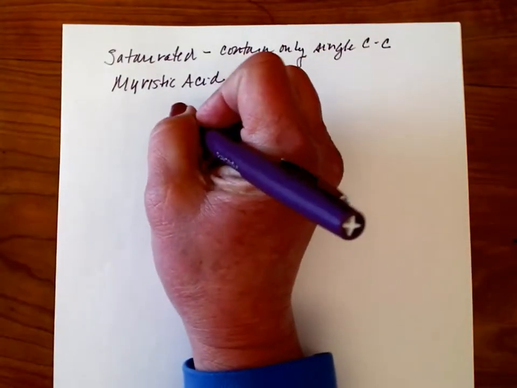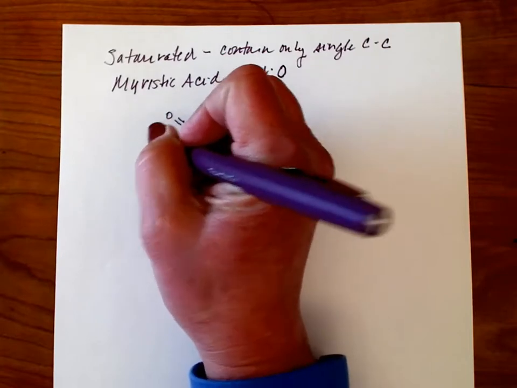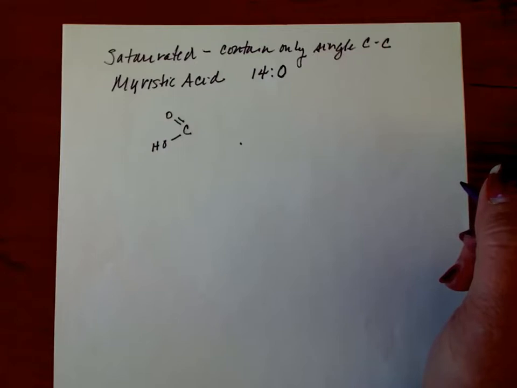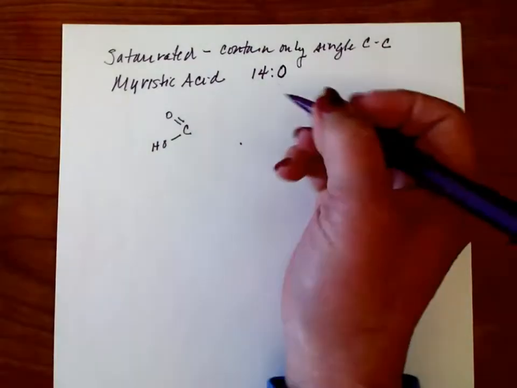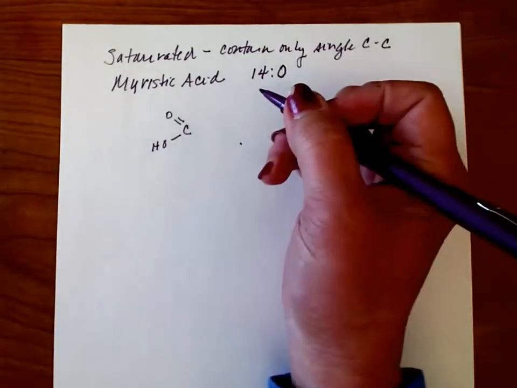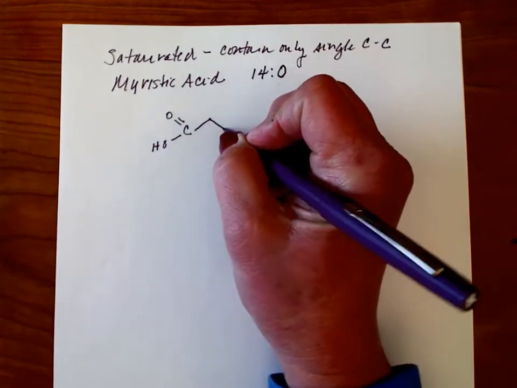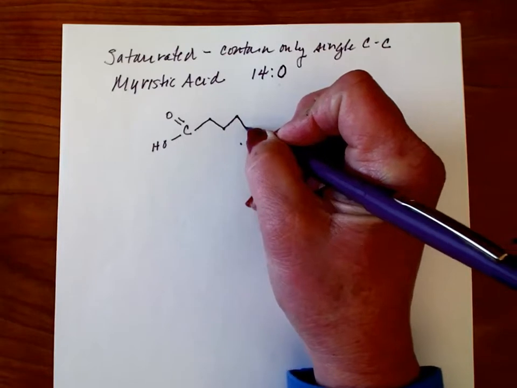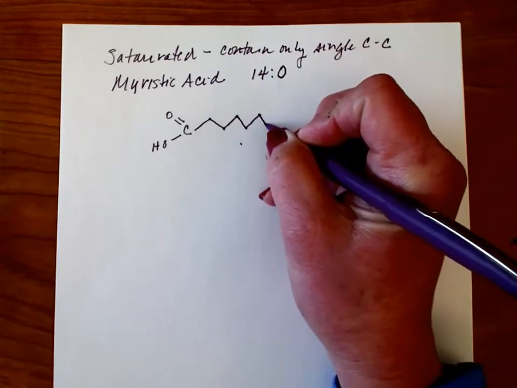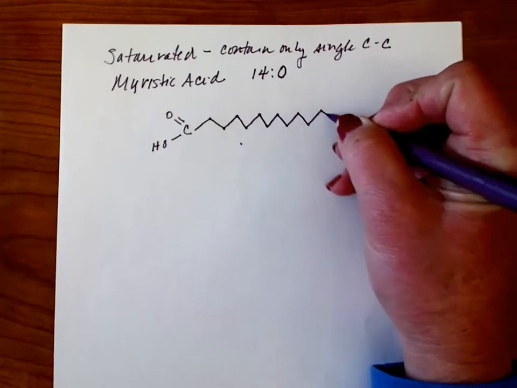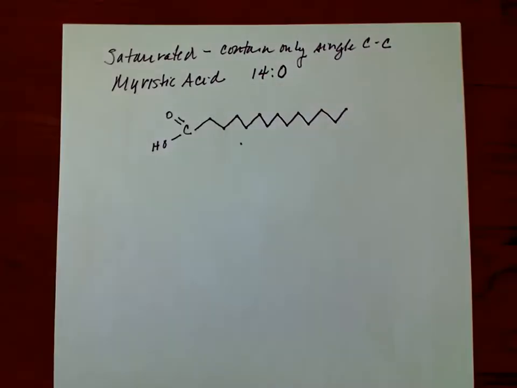However, you may show that carboxylic acid group. And so this is carbon 1, then we have 2, 3, 4, 5, 6, 7, 8, 9, 10, 11, 12, 13, and 14. So this is the line angle formula for myristic acid.